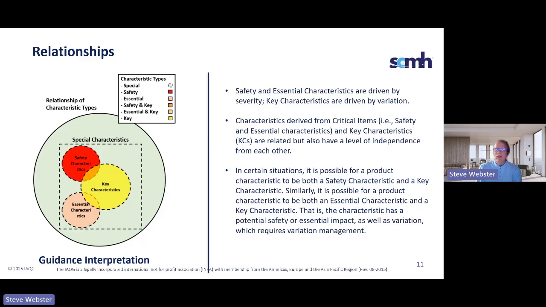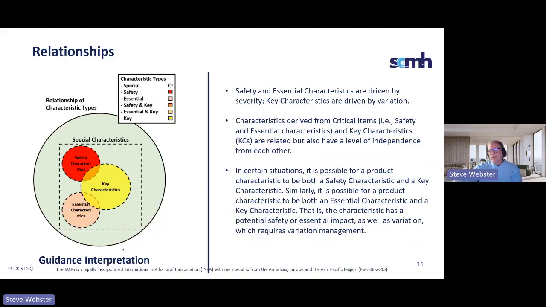If you have, like I mentioned earlier, financial or operational or regulatory consequences that don't rise to the level of injury or fatality or loss of life, those will also have their own designator or symbol, and then you would have a key if variation management could be added to that. They're not mutually exclusive per se.